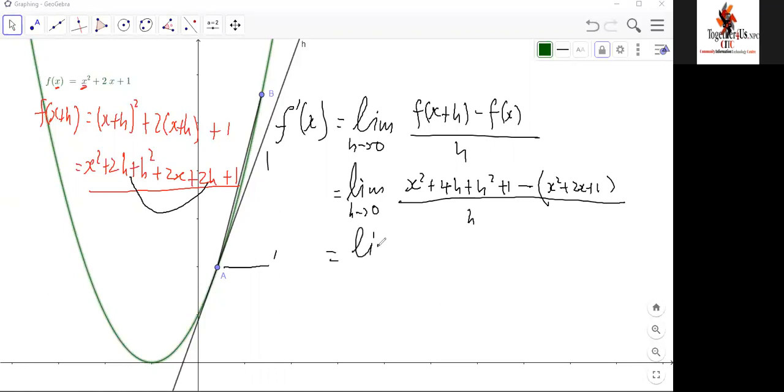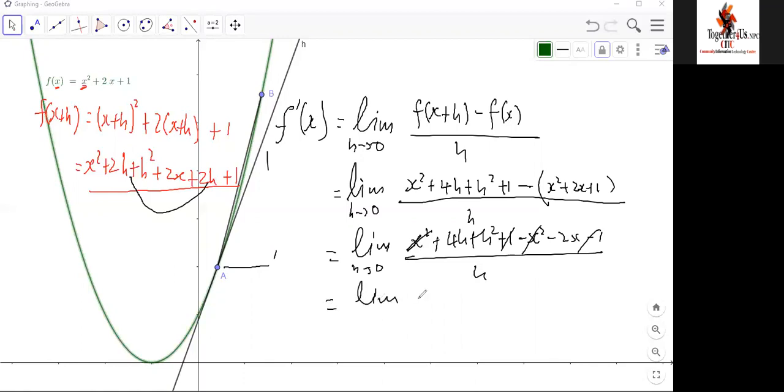And I simplify, this is the limit as h tends to 0 of x squared plus 4h plus h squared plus 1 minus x squared minus 2x minus 1. You can see x squared takes care of x squared there. This one also takes care of that one. And I'm dividing by h, and so I am left with the following on the numerator: h squared plus 4h minus 2x. Yes.